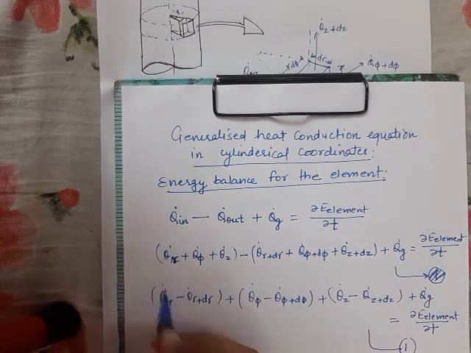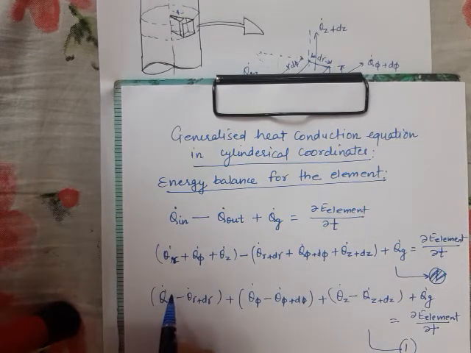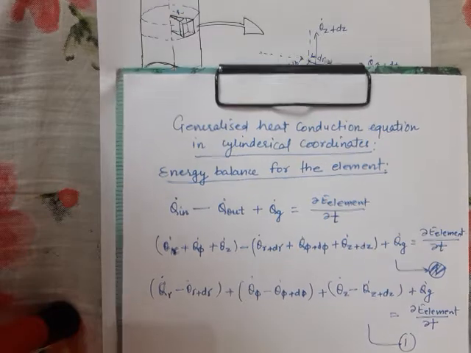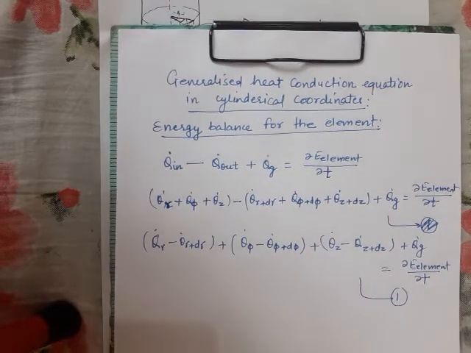Now I simply need to write the expressions for Q R and Q R plus dr, Q phi and Q phi plus d phi. I will calculate each term separately. This is simply the energy balance for the element.